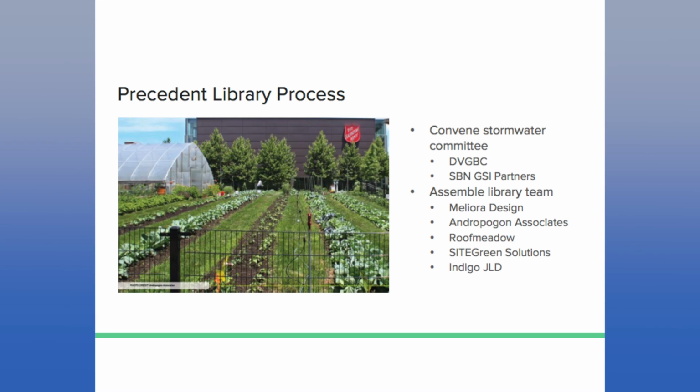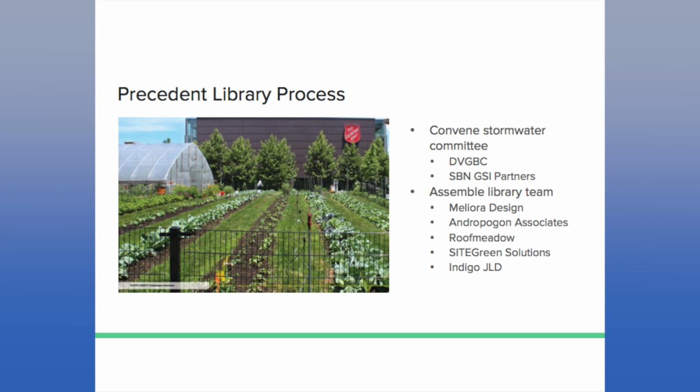So GSI Partners had this idea to demonstrate that green stormwater infrastructure performs better than gray, both centralized and decentralized, to the development community, the design community, and the regulatory community. So part of their grant proposal was to achieve this goal through a series of tactics. So that is through the creation of a stormwater committee, through the presentation of a symposia series, and in the culmination of all of this, the GSI Precedent Library.